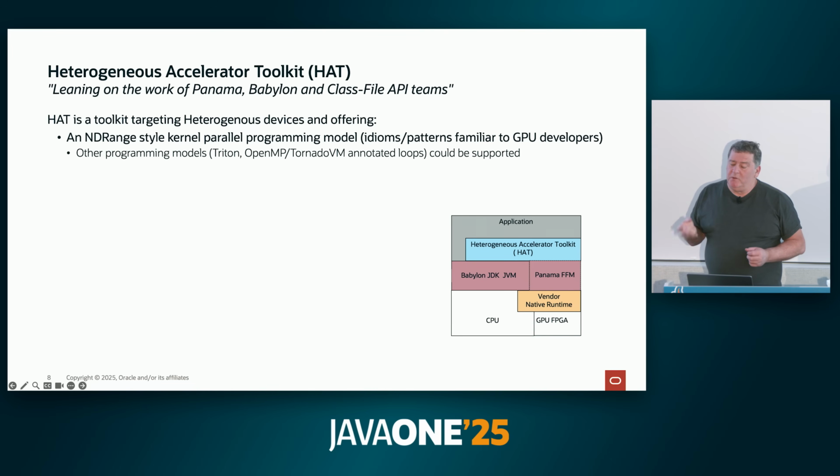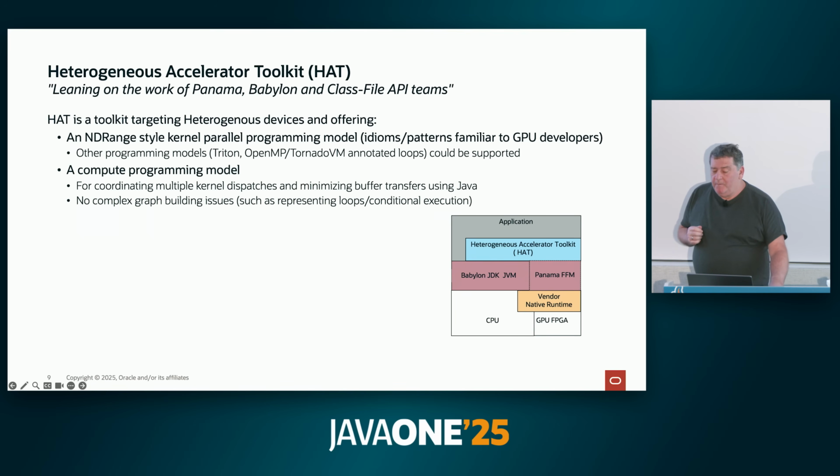So how does the toolkit target such devices? It basically exposes a GPU-style programming model to Java programmers, an ND range style programming model, but we can put other programming models in if we wished. We are also going to expose what's called a compute programming model.